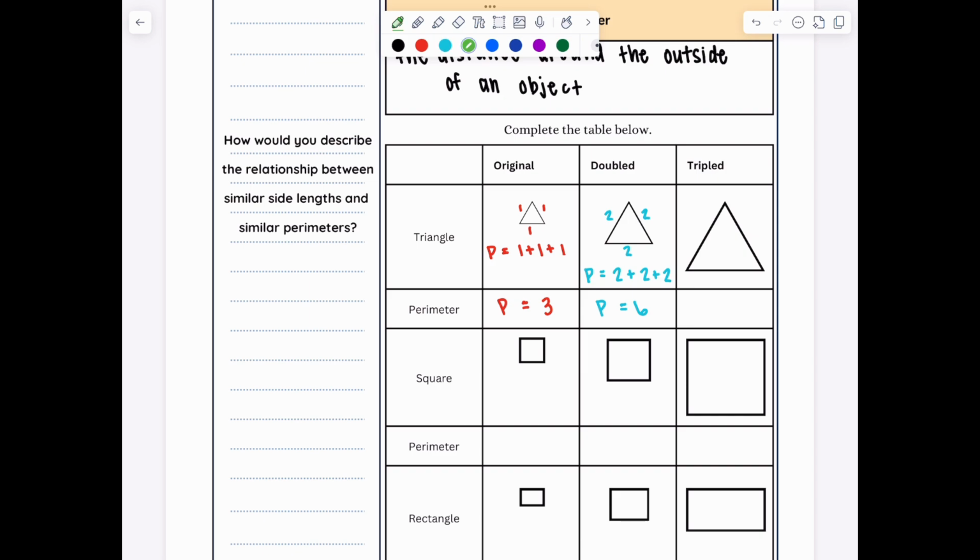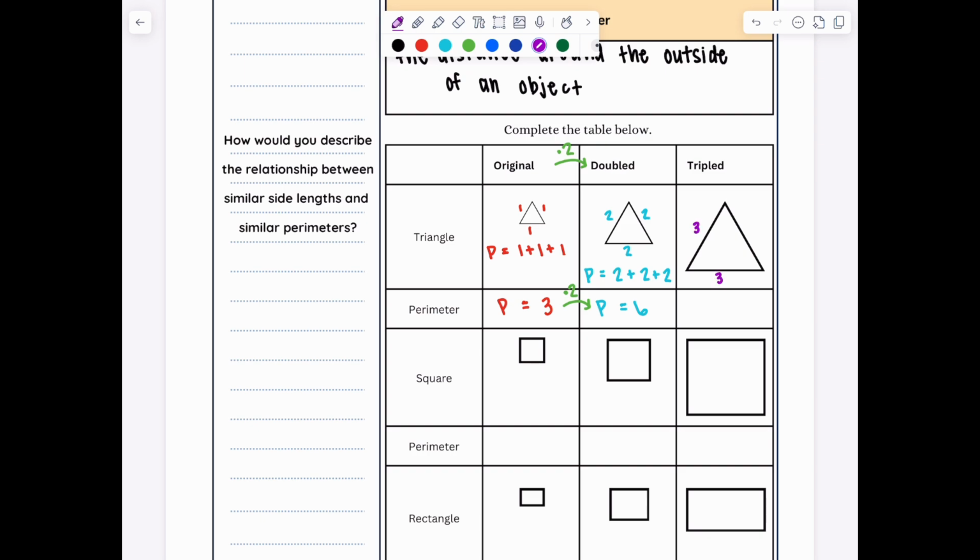So when we doubled the triangle, we also doubled the perimeter, because if double means to multiply by 2, I got the side lengths by going from 1 times 2, and then the exact same thing happens with the perimeter. To go from 3 to 6, you would also double that or multiply by 2.